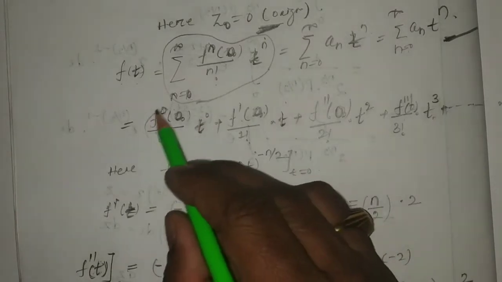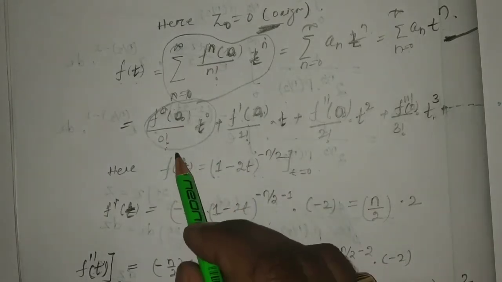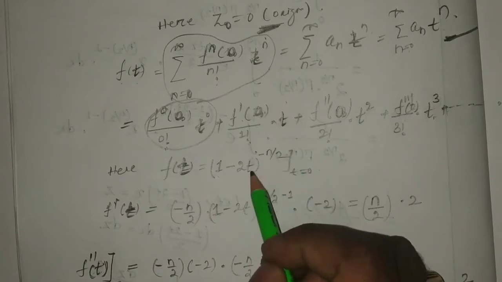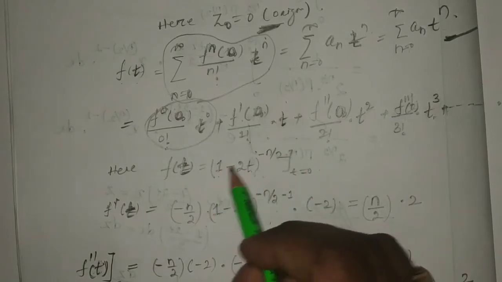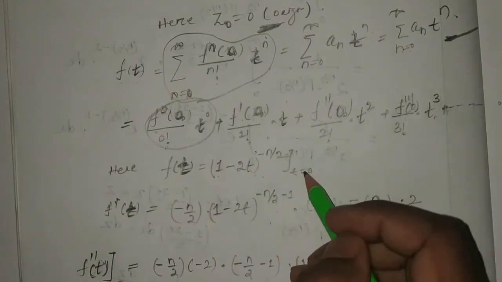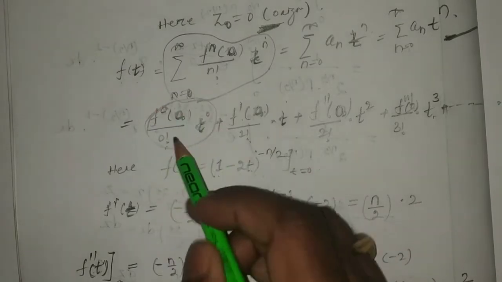This term will always be 1. The zeroth derivative at t equal to 0 gives 1, since 1 to the power minus n by 2 is 1, and t to the 0 is also 1. So this term will be 1.